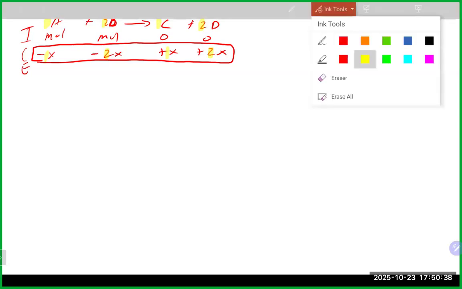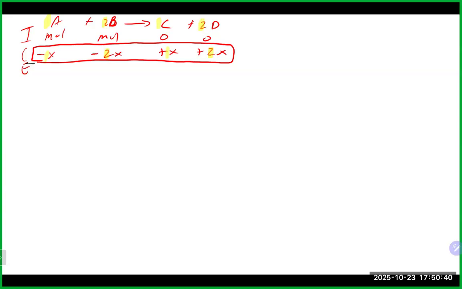Again, in this approach, what you would do, as we talked about, is basically just drop down here to our ending line. And what you would do at this point to figure out the limiting reagent is just set the two reactants equal to 0 and solve for x.